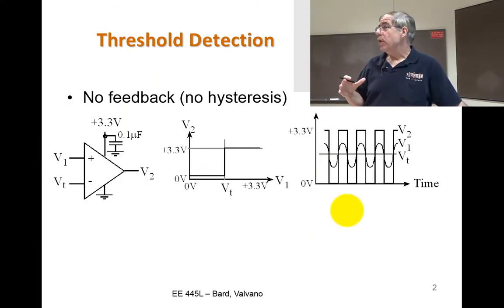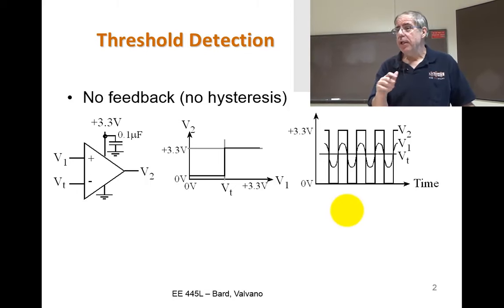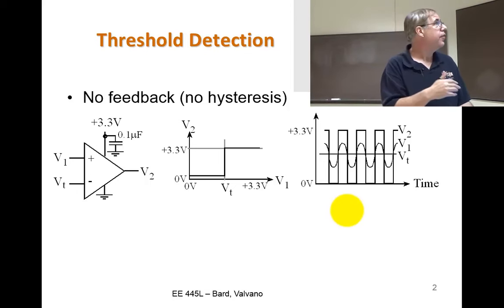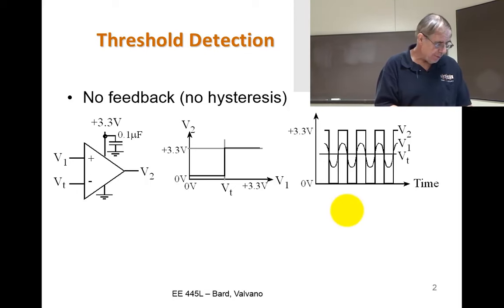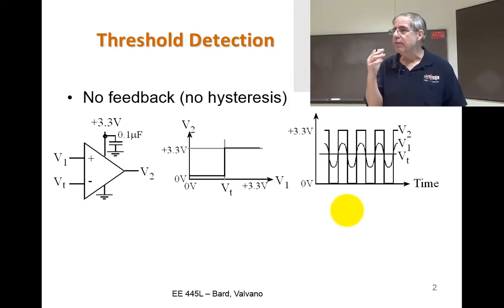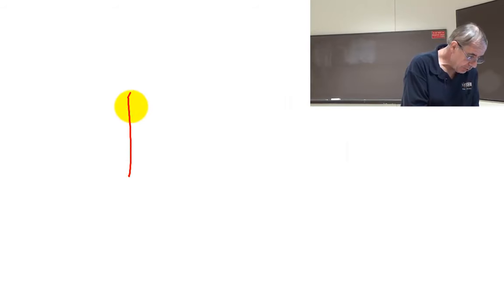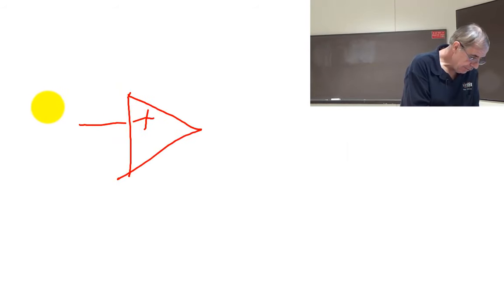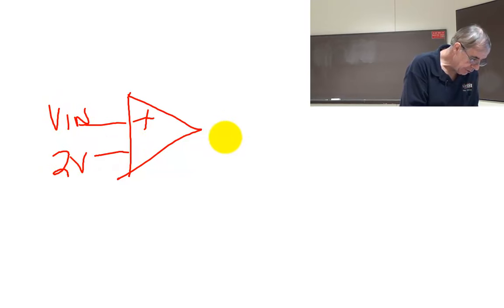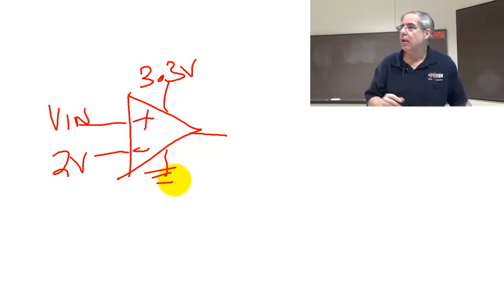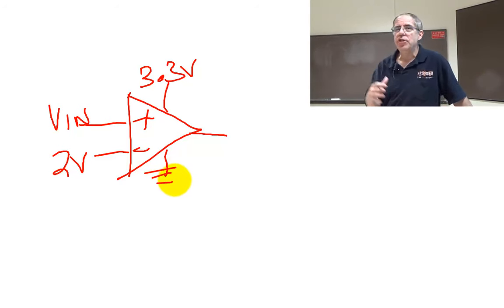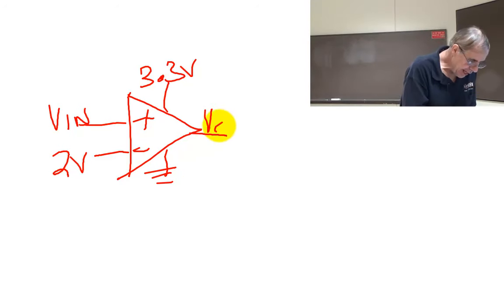The essence of what we're going to do is to use an OpAmp either with no feedback or positive feedback. And if you remember the rule of the OpAmp, if this is my input voltage and this is some constant like 2 volts, what was the fundamental equation, the linear equation that related the output to the inputs?